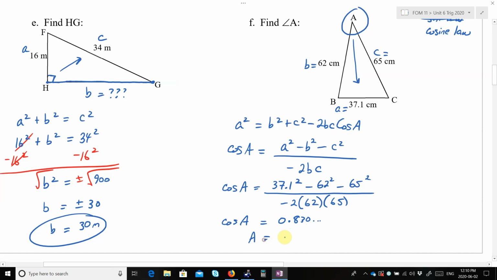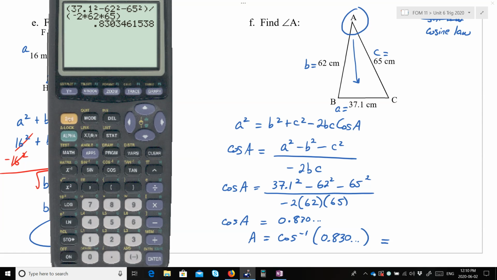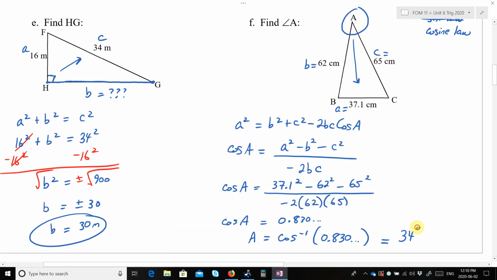So then angle A is equal to cos inverse of that. So I go second function cos and then put in that answer, and we get 34 degrees. Okay, so 1F is 34 degrees, which looks good.